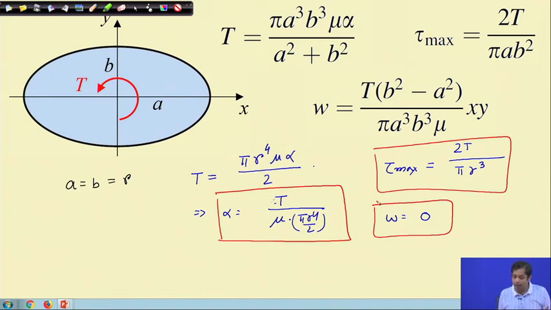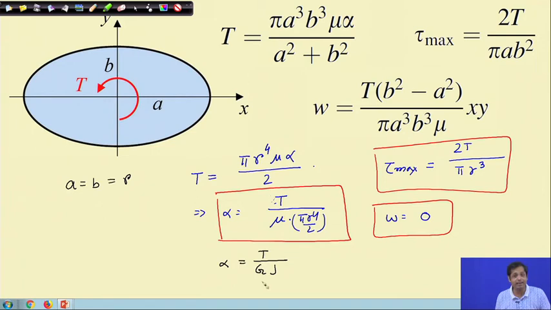Now, you recall the expression we had in the case of a circular shaft: alpha, the angle of twist per unit length, was T by G into J. G is the shear modulus, mu is the shear modulus.